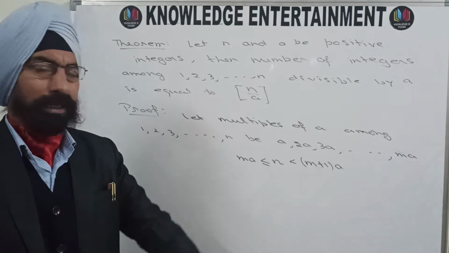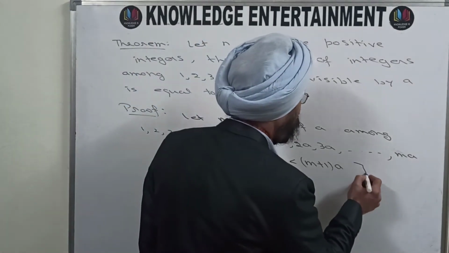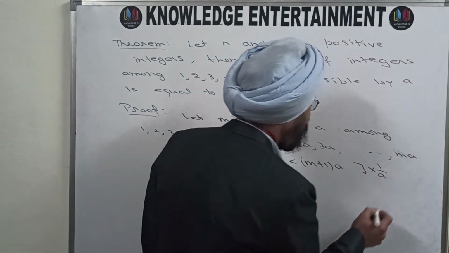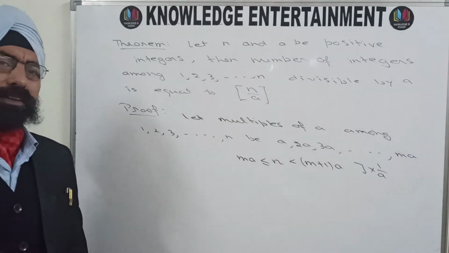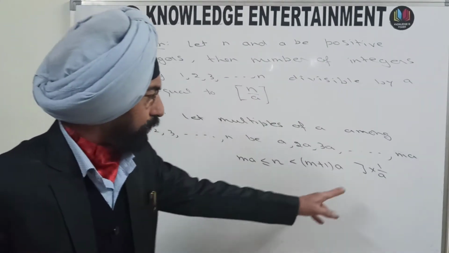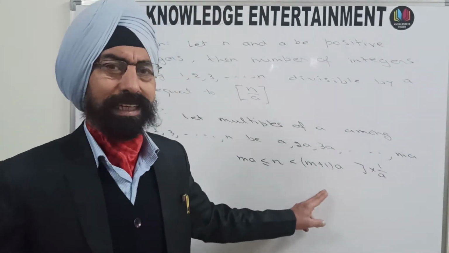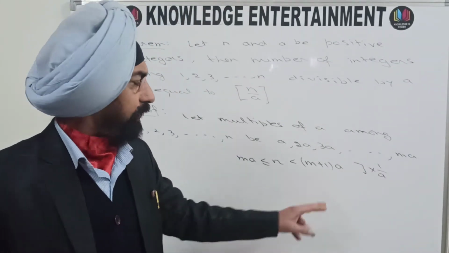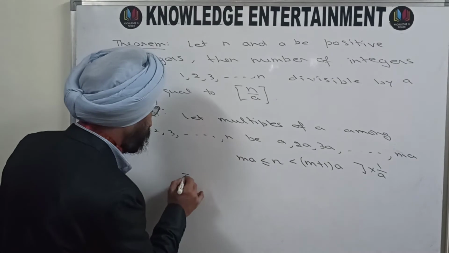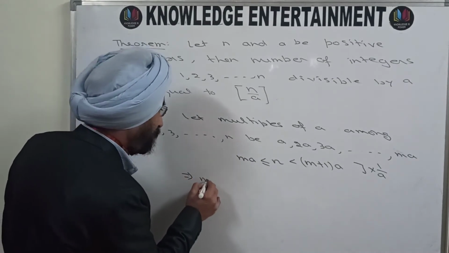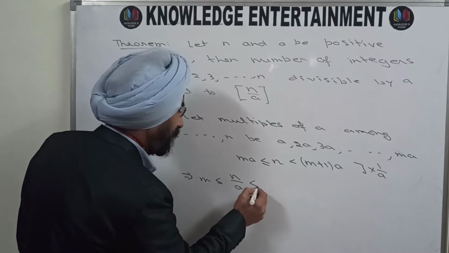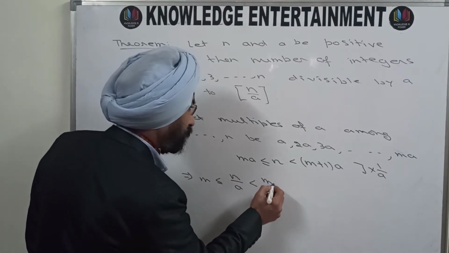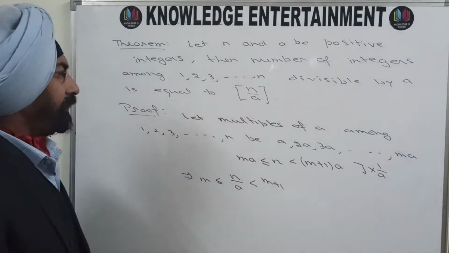And now multiply this inequality throughout by 1 by a. Since a is a positive integer, 1 upon a is a positive real number, and multiplying by a positive real number will not change the sign of the inequality. So what you are going to get from here is that m is less than or equal to n upon a is less than m plus 1.